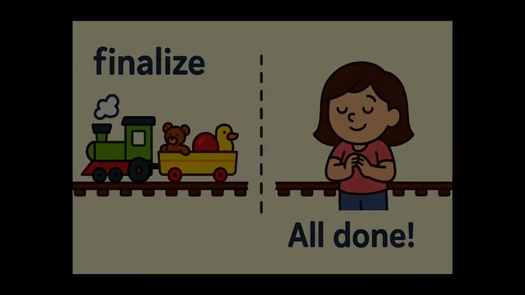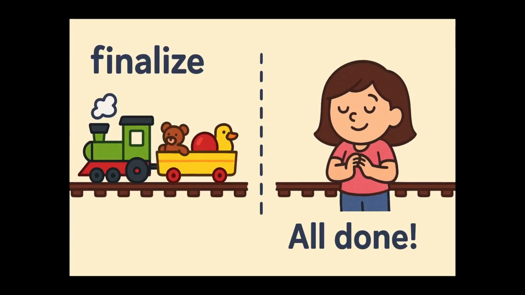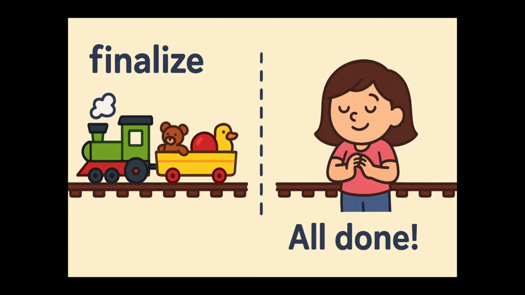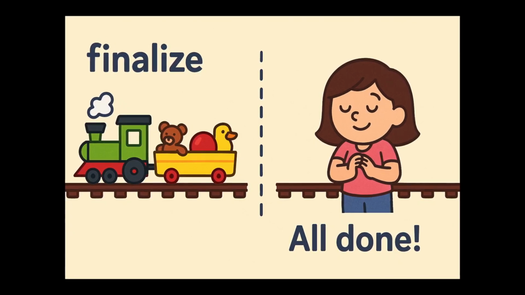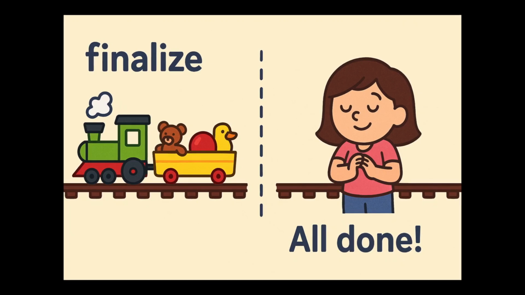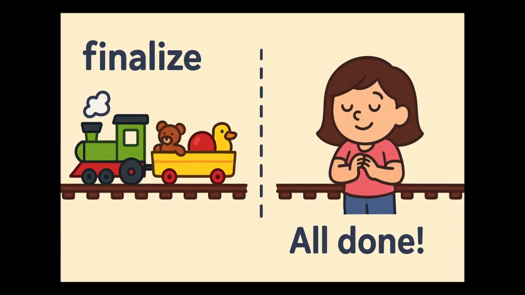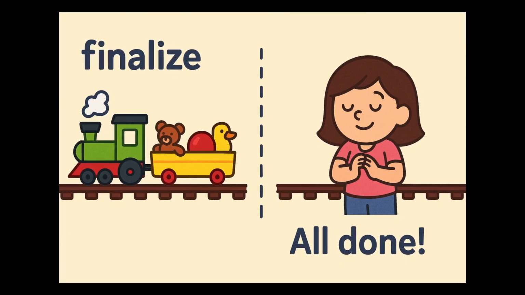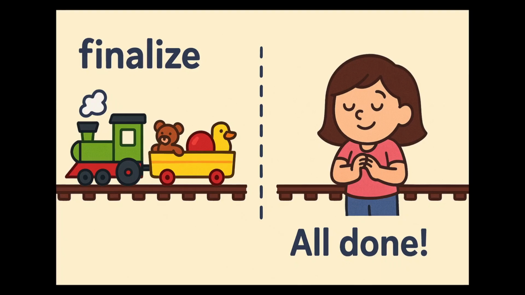But what is the finalize method? Imagine a toy train dropping off toys one by one. When the train stops, you clean up the track and say, all done. Finalize is like that cleanup step. It does something special after a stream is all done, whether it finishes normally or stops because of a problem.